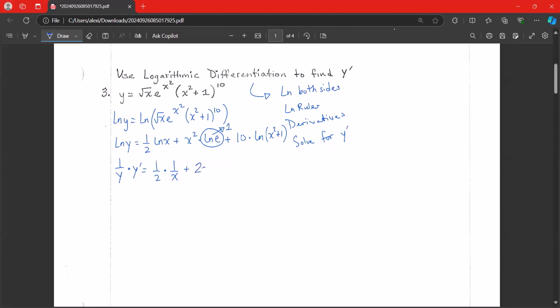So its derivative is 2x plus 10 times 1 over x squared plus 1 times 2x. So we'll go ahead and simplify, and we have 1 over 2x plus 2x plus 20x over x squared plus 1.